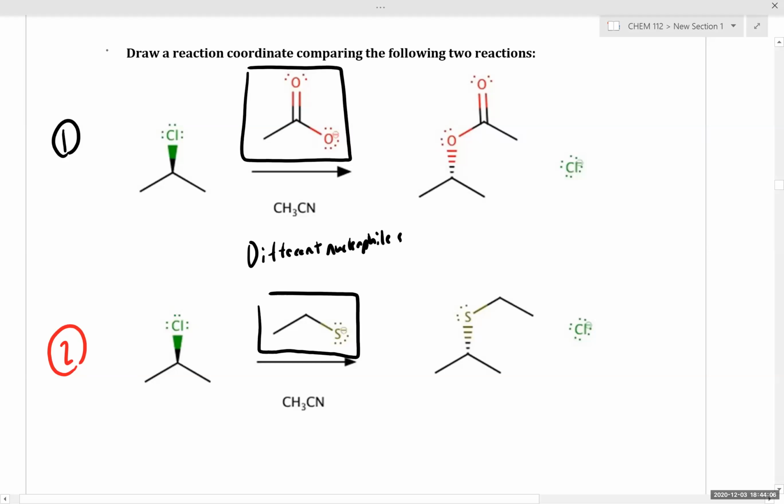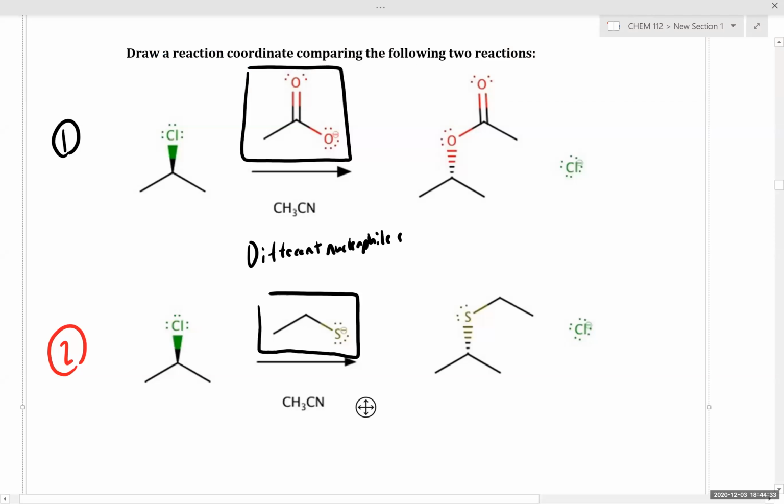Remember when I talked about nucleophile strength? What's one thing that I told you is a hallmark of a really strong nucleophile? Which of these nucleophiles is better, one or two? What do we think? So we have some students commenting that they think two, this sulfur-centered nucleophile, is stronger.